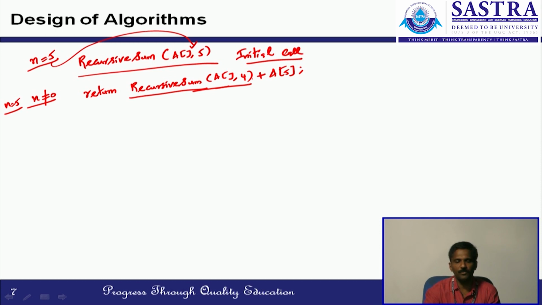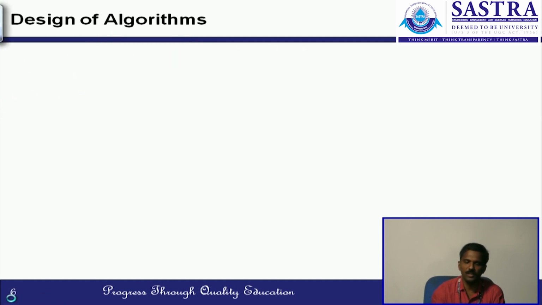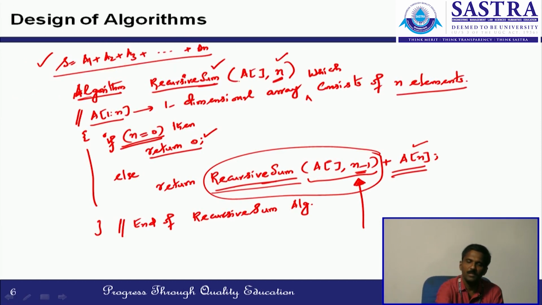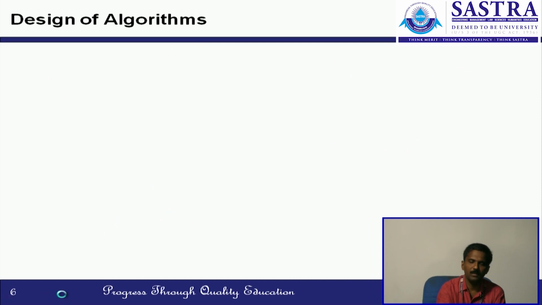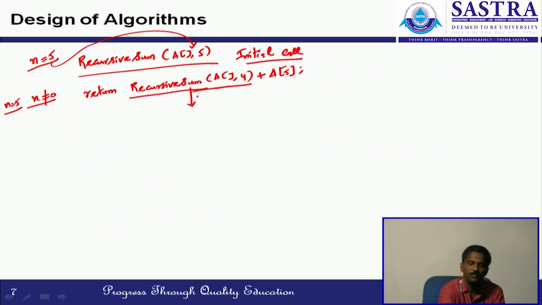What happens? This is a recursive call. This recursive call calls the same function with the actual parameter 4. Now what happens in the function definition? A array comma n, that n receives a value 4. N is equal to 4. So now check if n is equal to 0.